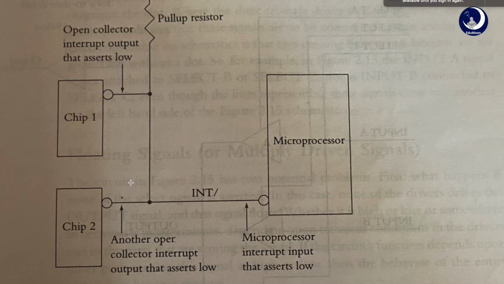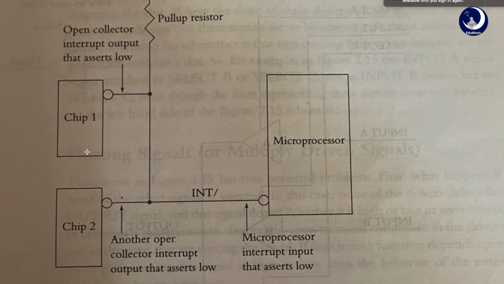Now I'll take you to the tri-stating outputs. Standard parts either drive the output signals high or drive them low. Open collector outputs drive the signals low or let them float. That's what we were looking at in the case of these two devices.